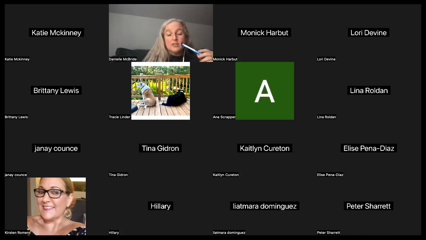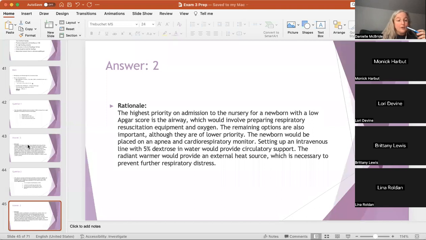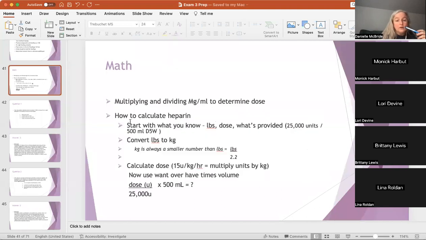So on what I just did, Lena, on the math, I just had how to calculate heparin, and that's what we were practicing. Okay, so this one, let's see.